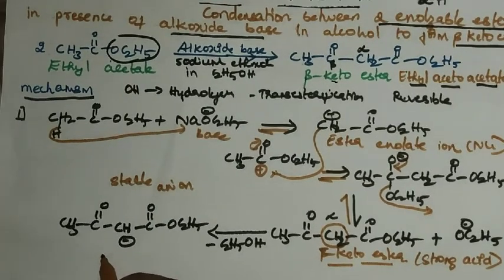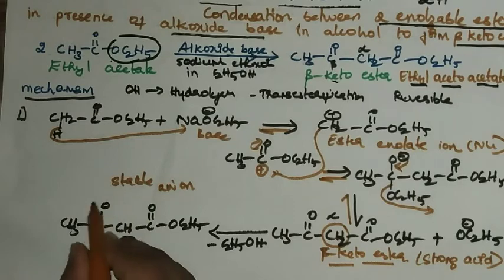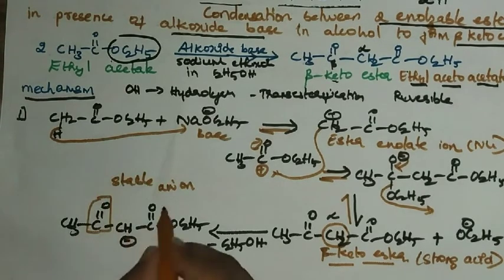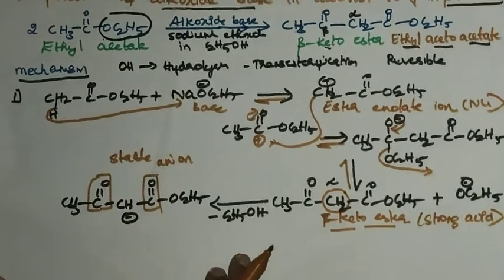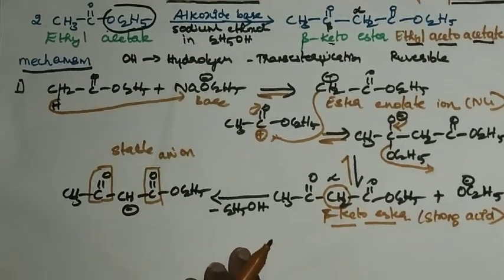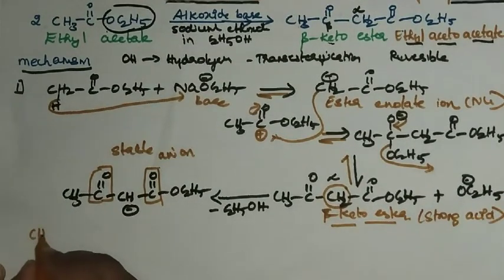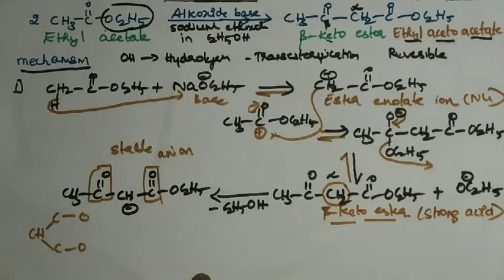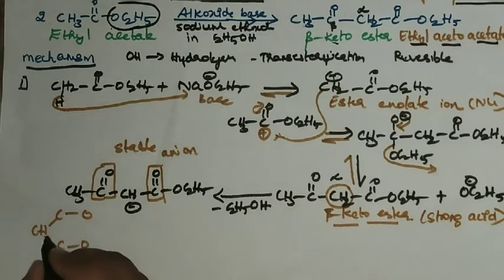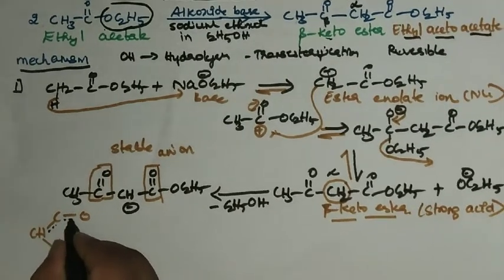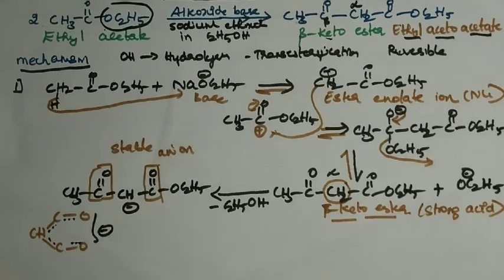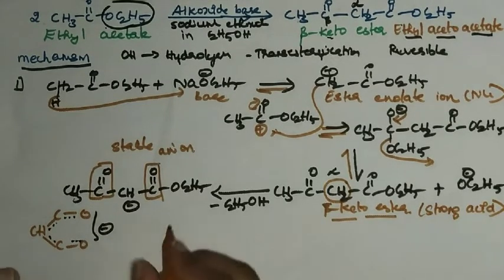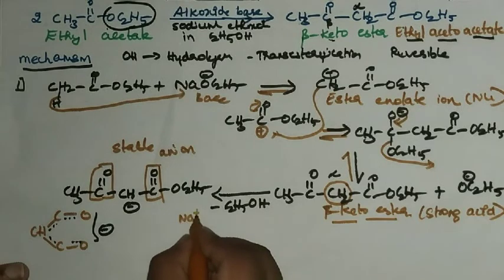It is very stable because of the presence of two carbonyl groups in this. So let's write this hybrid structure. Since the anion is having two carbonyl groups, it is a highly stabilized ion because of the resonance, which will form a sodium salt.